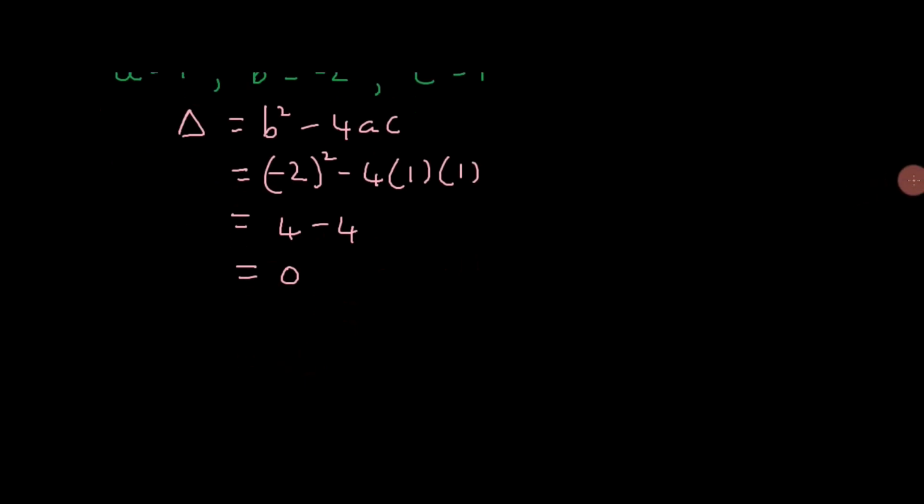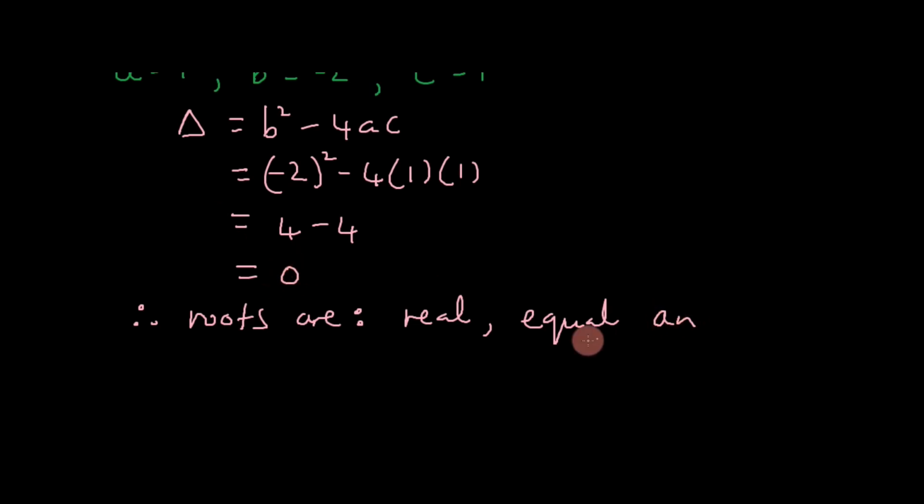So delta is 0, and we can conclude that the roots are going to be real because delta isn't less than 0. So real. They are going to be equal because delta is equal to 0. And they're also going to be rational since 0 is also a perfect square. So real, equal, and rational.